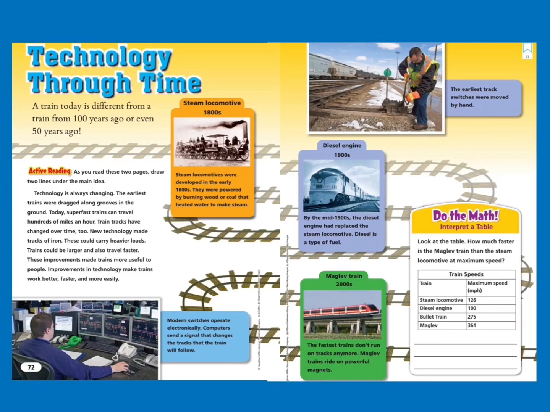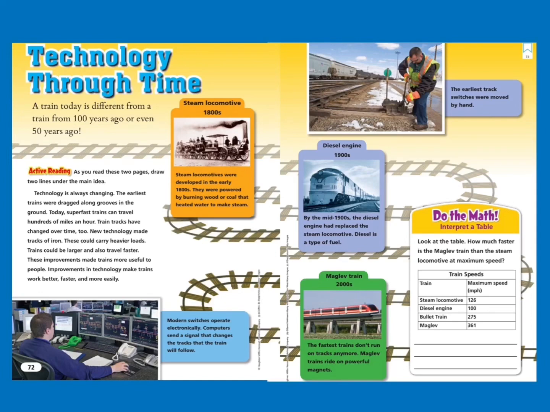Nowadays, we have super fast trains that can travel hundreds of miles an hour, so we can easily go from one place to another in a shorter time. Nowadays, we also have different types of train. They have been improved so they can be more useful to people. Improvements in technology make trains work better, faster, and more easily too.